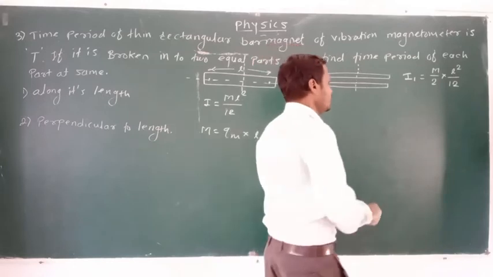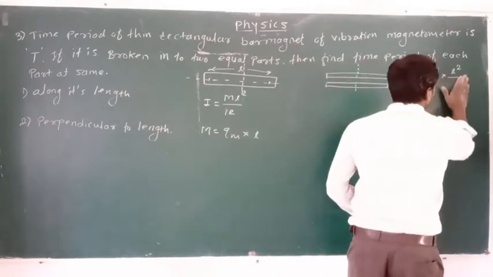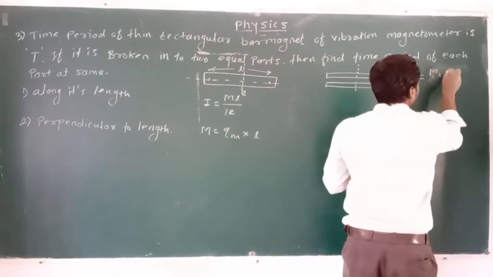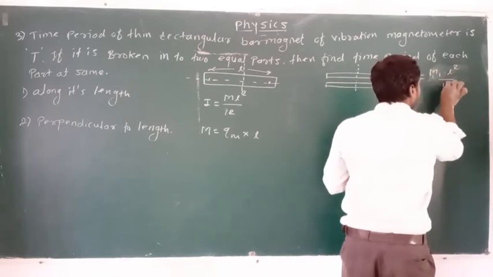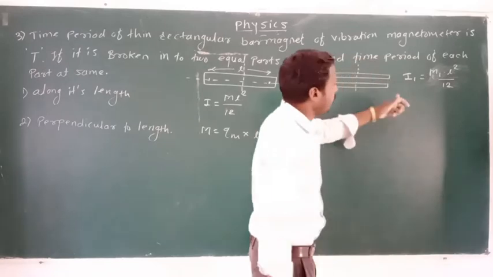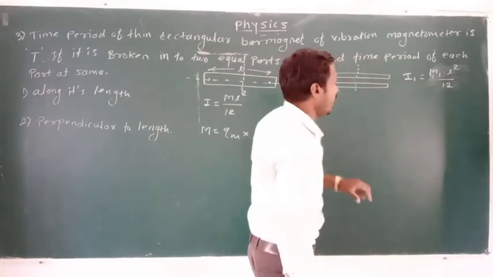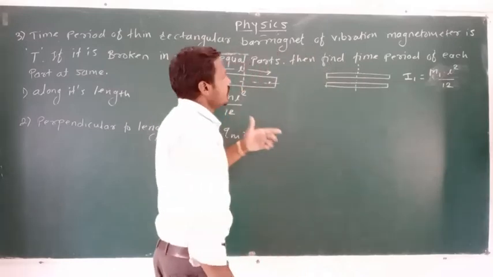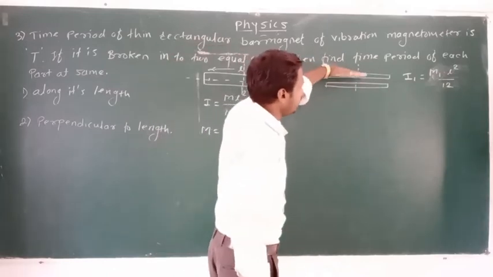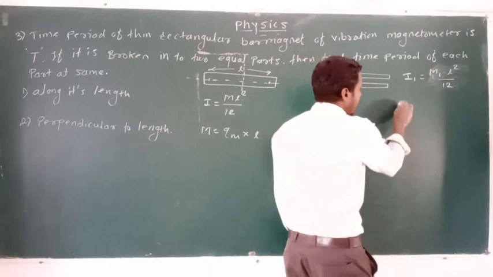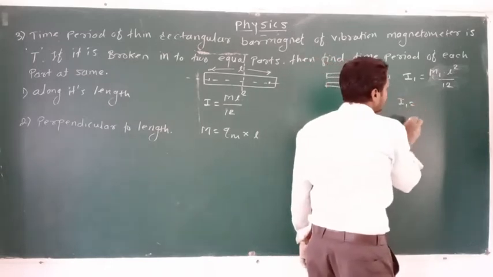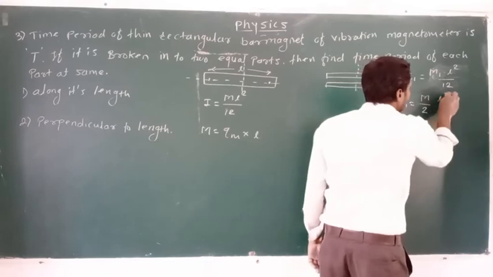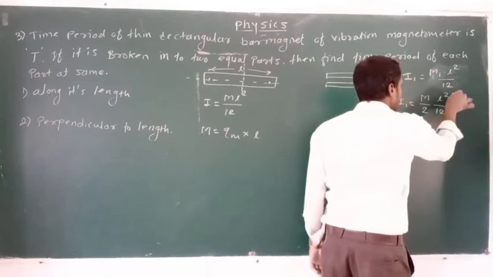For simplicity, we can write m1 into L square divided by 12, where m1 is the mass of each part. And m1 is half of m because the bar magnet is broken into two equal parts. Therefore I1 is equal to m divided by 2 times L square divided by 12.